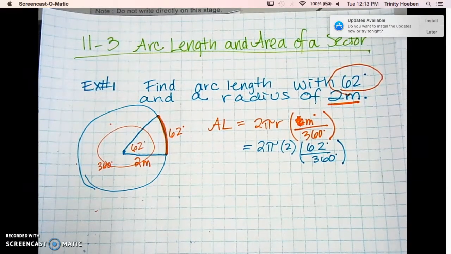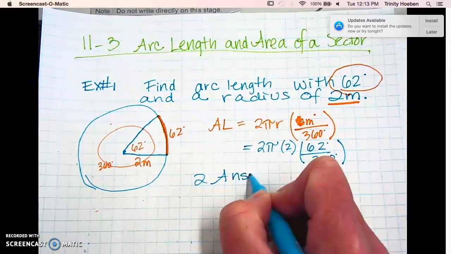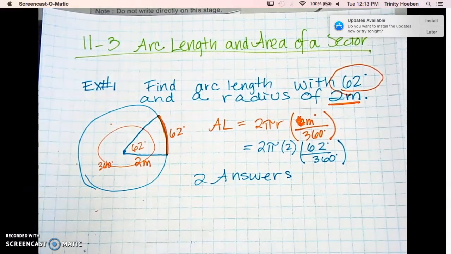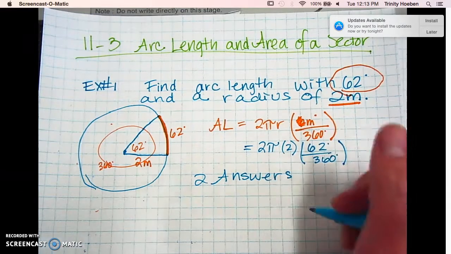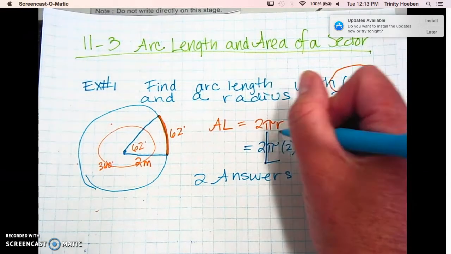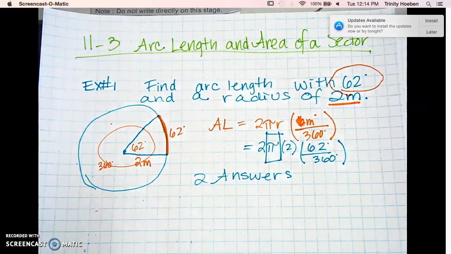So we're going to give our answer in 2 ways, because you could be asked either way. You could be asked for it in terms of pi, or as a decimal. The first time through, we type in everything into the calculator except the pi button. So here's what it looks like.